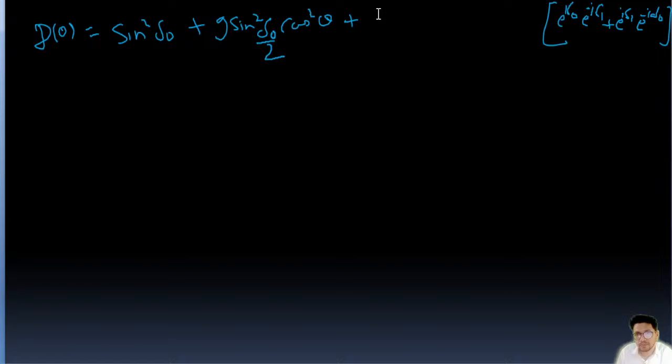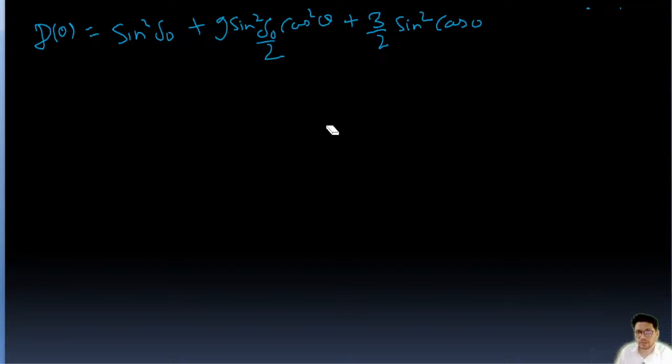Okay, here this value is going to be 3 by 2 sine square cos theta into this value. Okay, right here. Okay, wait guys, my system got hanged. Just wait.